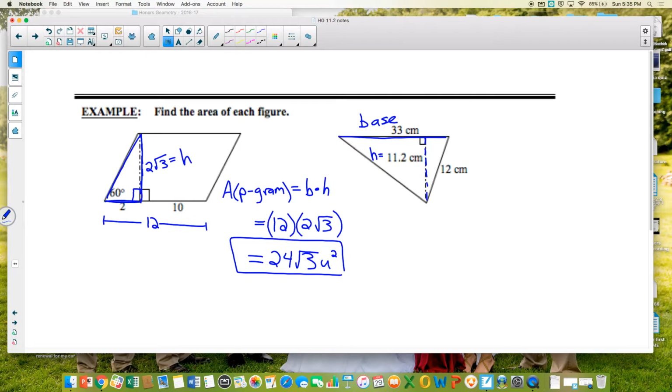So we have a base, we have a height, and I didn't mean to get ahead of myself, but remember the area of a triangle from above is 1/2 times the base times the height. So this is 1/2 times 33 times 11.2.